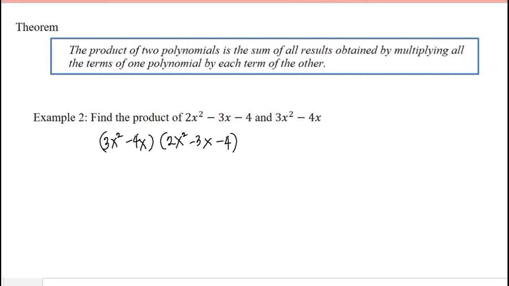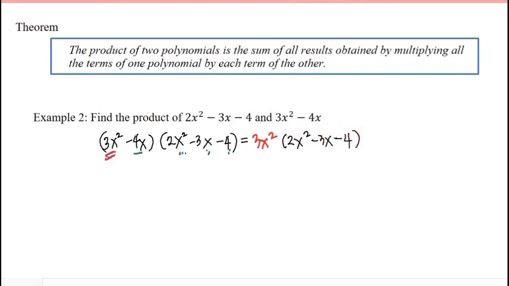Meaning we are going to multiply this first term to all the terms here, and then the second term to all the terms here, and then take the sum of that. So for the first term, we have 3x squared multiplied by 2x squared minus 3x minus 4.